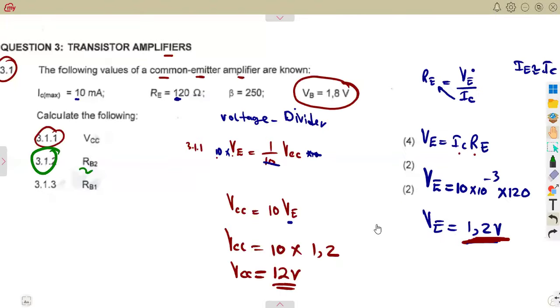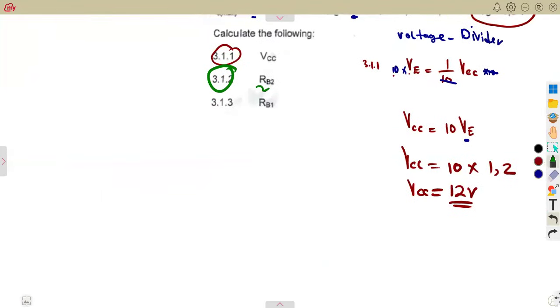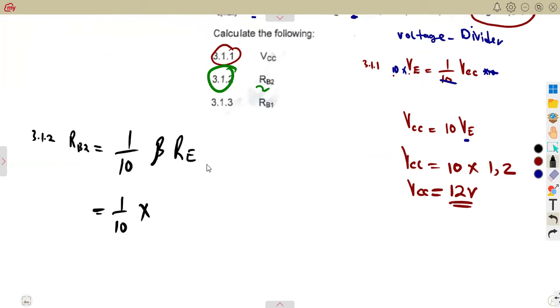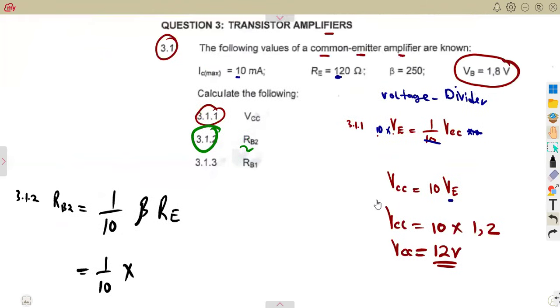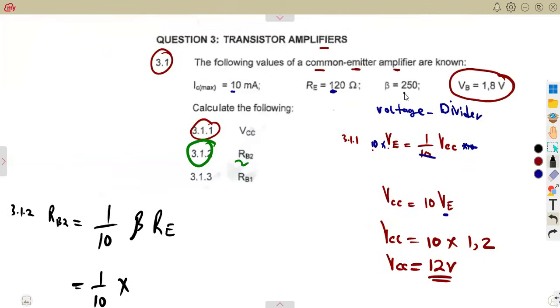We need RB2, which is part of the voltage division. So RB2 can be calculated from 1/10 times beta RE, where beta is our gain. That's 1/10 times the beta, which we are given as 250. RE is 120.